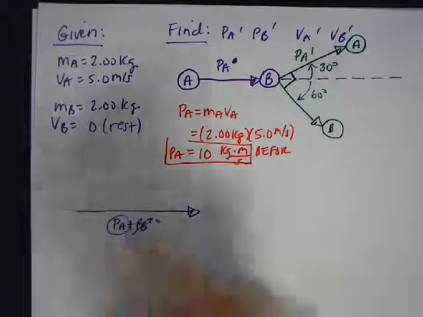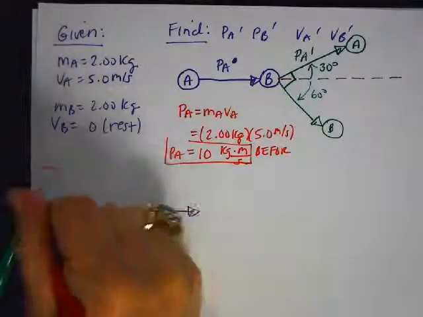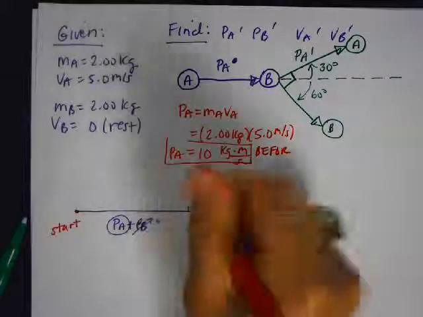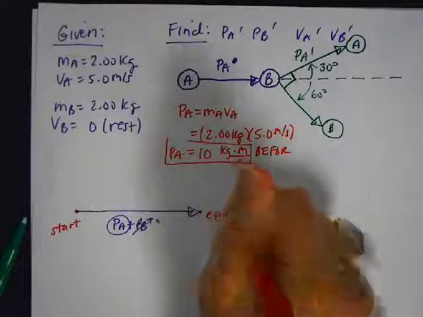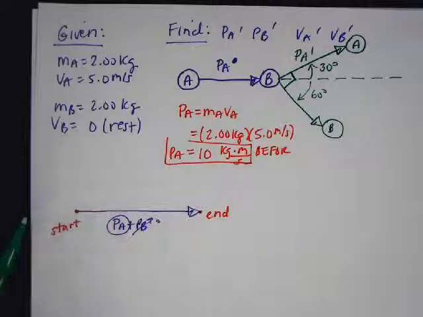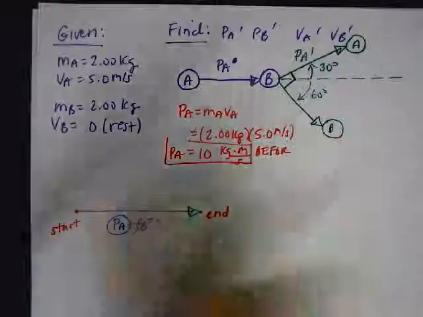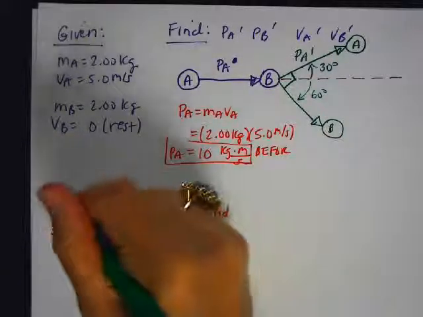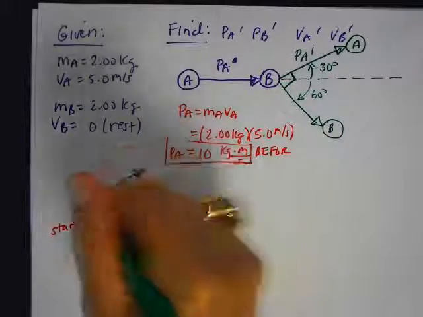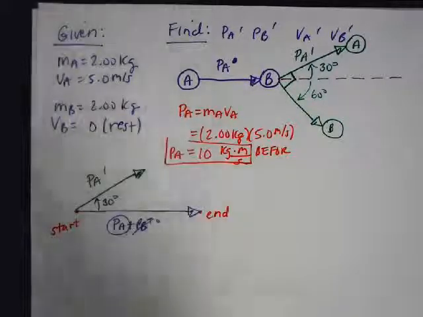From where I start, this is where I started, to where I end, I'm now going to take these two vectors and add them head to tail. So this one here is 30 degrees up. So I'm now going to draw this 30 degrees up like this. This is PA prime. From the head of this vector, I'm going to do the tail of the other.